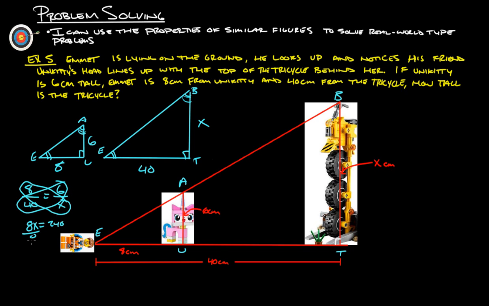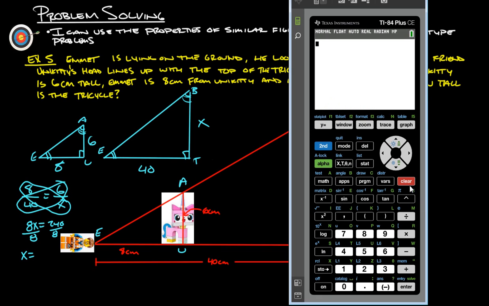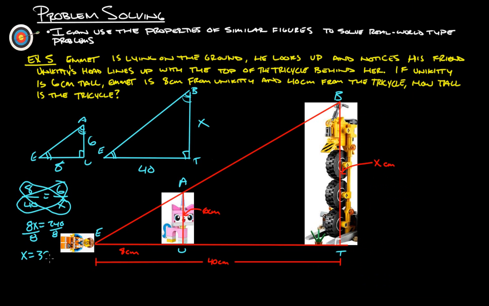So we just divide both sides by 8. 240 divided by 8 is 30. So we know that the tricycle is 30 centimeters tall.